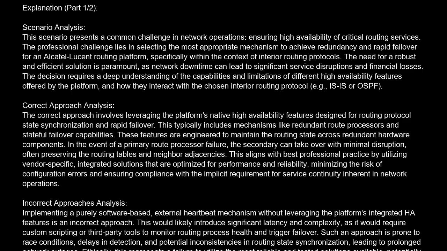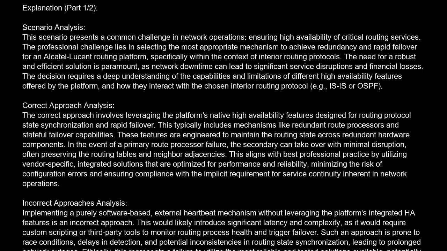failover. Explanation. Scenario analysis. This scenario presents a common challenge in network operations, ensuring high availability of critical routing services. The professional challenge lies in selecting the most appropriate mechanism to achieve redundancy and rapid failover for an Alcatel-Lucent routing platform, specifically within the context of interior routing protocols.